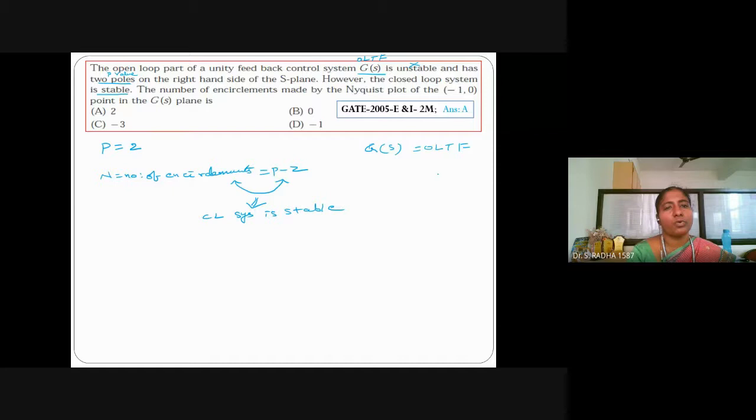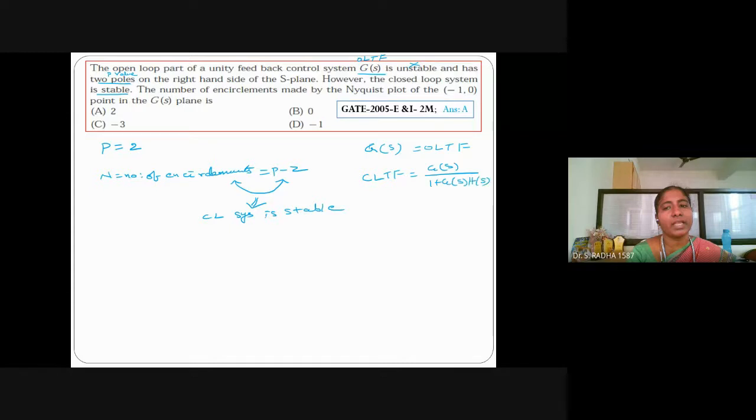The closed loop system is stable. The closed loop transfer function is G of S divided by 1 plus G of S H of S.